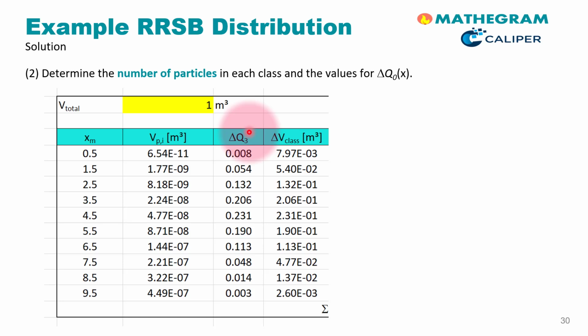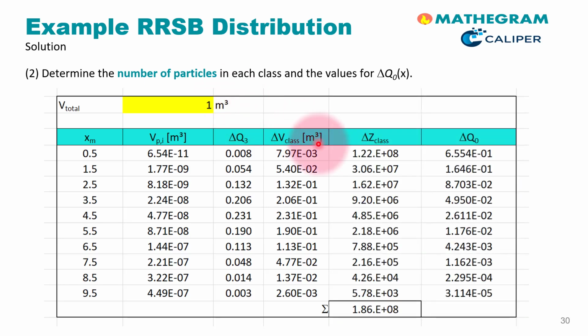This is also the key to the next step. We calculate the total volume of the particles in each class, denoted here as delta V class. Note that we have considered a total particle volume of 1 cubic meter for this latter task. However, you will see that the total volume of the particles we consider does not matter for the resulting distribution.